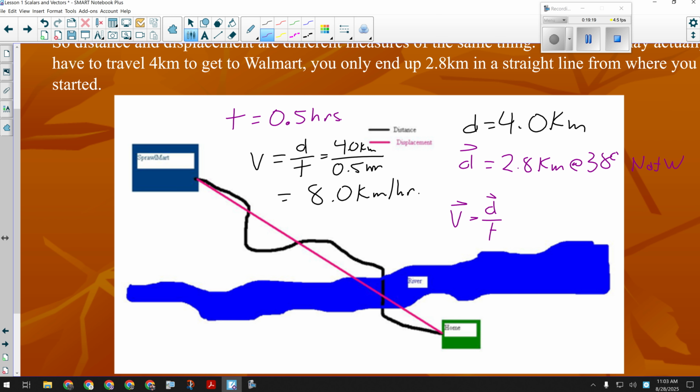That's how long it took me to displace myself 2.8 kilometers at 38 degrees north of west. So my velocity ends up being 5.6 kilometers per hour at 38 degrees north of west.